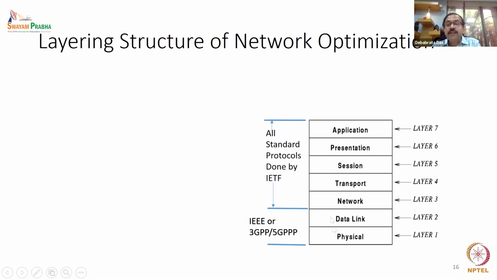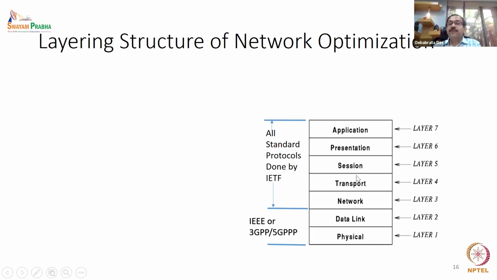If you are using a cellular network, it is here. If you are using Wi-Fi, then it is the IEEE, the Institute of Electrical and Electronics Engineers, for the bottom two layers. But the top layers don't belong to the IEEE, they belong to the IETF. They do all the protocols. You must have studied these courses at undergraduate or postgraduate level. Am I right? Yes. Very good. Thank you.